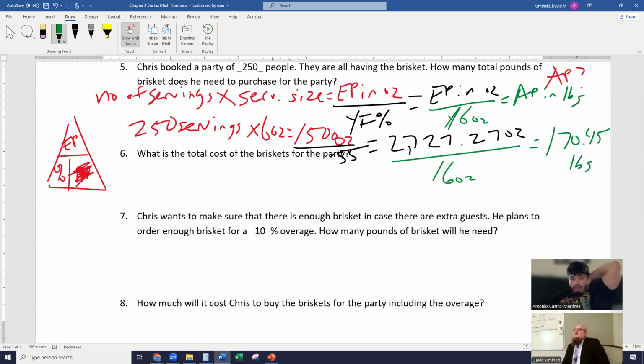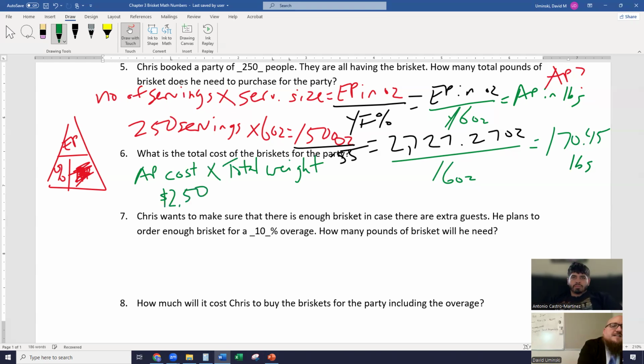So in order for me to feed 250 people, I need to start with 170.45 pounds. So what is the total cost of the brisket? We take our AP cost, this one's super simple, times the total weight. In this case, our AP cost is $2.50 per pound.